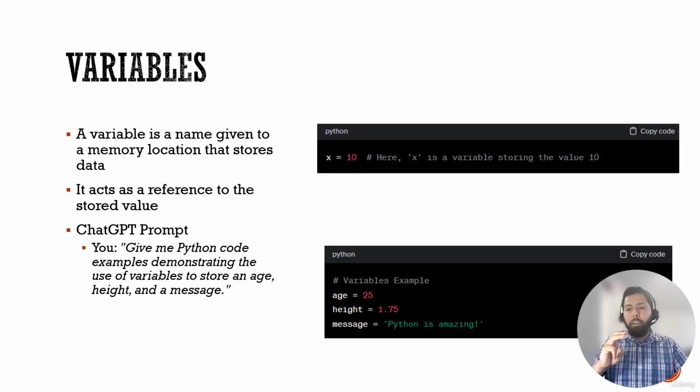Okay, so we're asking ChatGPT for three things there. We're asking it for variables to store an age, height, and a message, sort of like a personalized message.